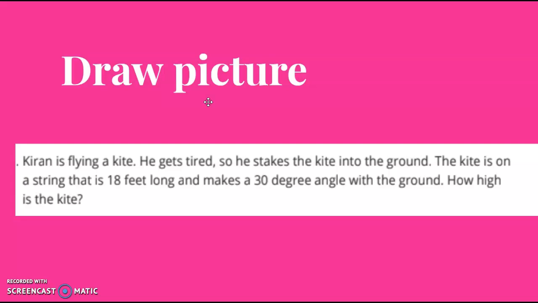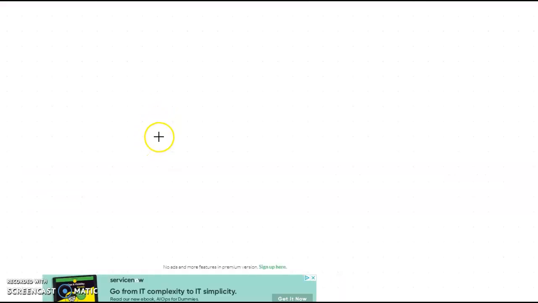The best way to solve these is to first draw a picture, so you can see the triangle and use all the same steps to solve for the missing side. So let's make that triangle. Here, I have my stake in the ground and my kite is flying.